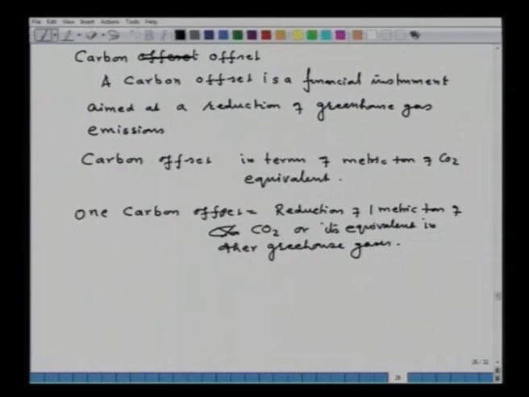Now, 1 metric ton of CO2 reduction is equivalent to a reduction of 270 kg of carbon.